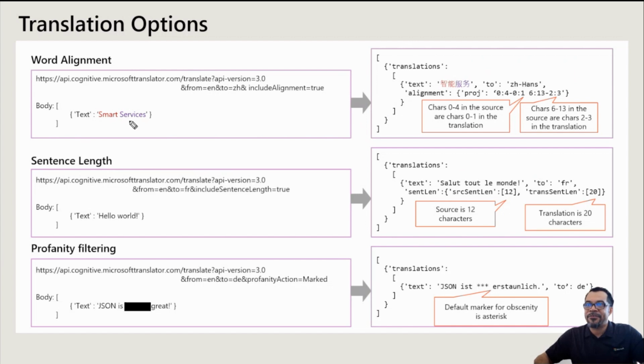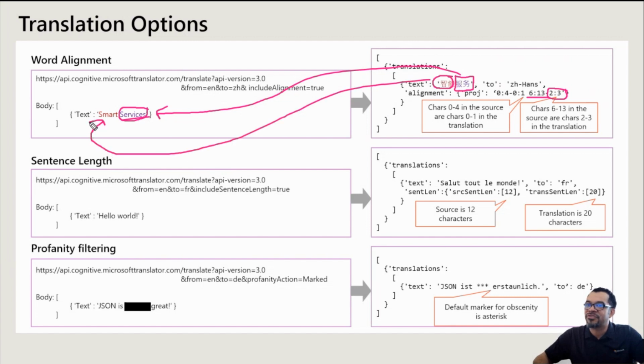The second thing we have is the word "services." So it tells me that the next characters, 6 through 13, which is the word services, when translated, are equivalent to characters 2 and 3 in our translation. So these two characters right here are equivalent to the word services, and these two characters right here are equivalent to the word smart.